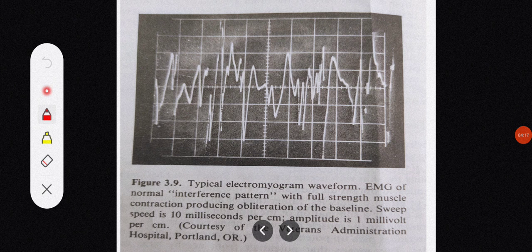So this is a typical electromyogram waveform. It is just like a random noise waveform. So this was about electromyogram.